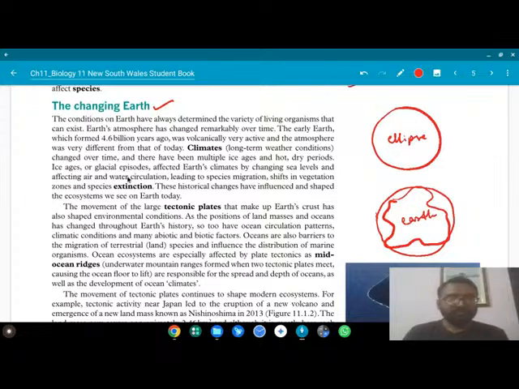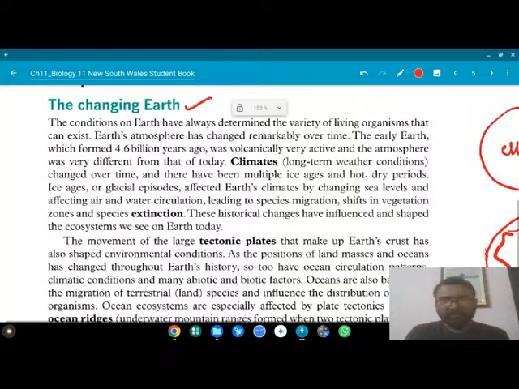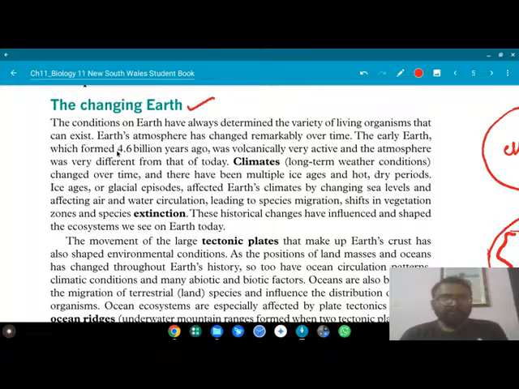We have to read up on the early Earth, which formed 4.6 billion years ago and was volcanically very active, and the atmosphere was very different from today. The climate, the long-term weather conditions, changed over time, and there have been multiple ice ages and hot, dry periods.